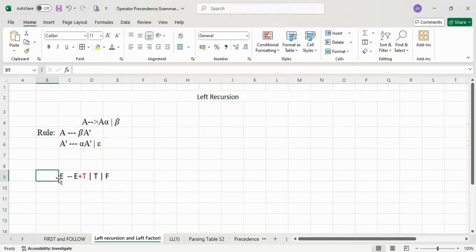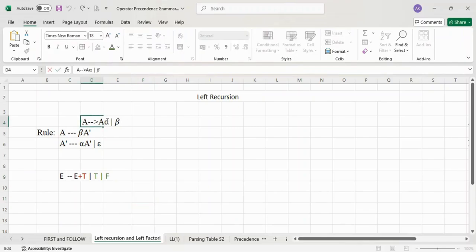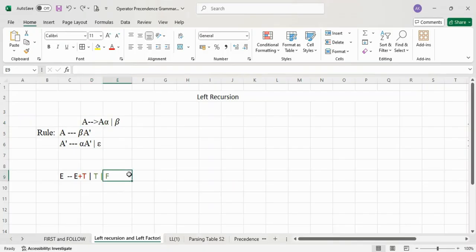I will highlight my betas with green color, and here also I highlight my alpha with red. Because I'm giving the colors, it is not happening. Anyways, if you just observe, the highlighted part in red is my alpha, whereas the highlighted part in green is my beta.